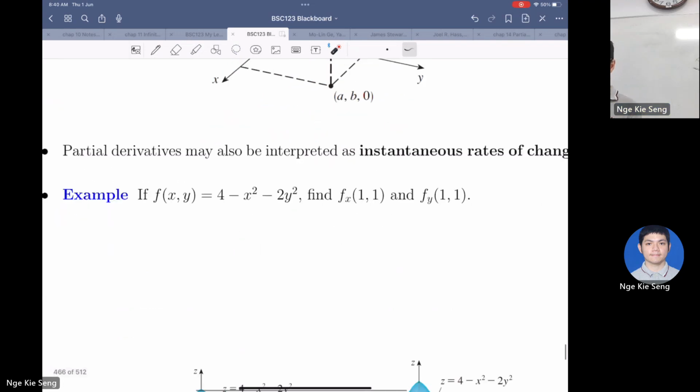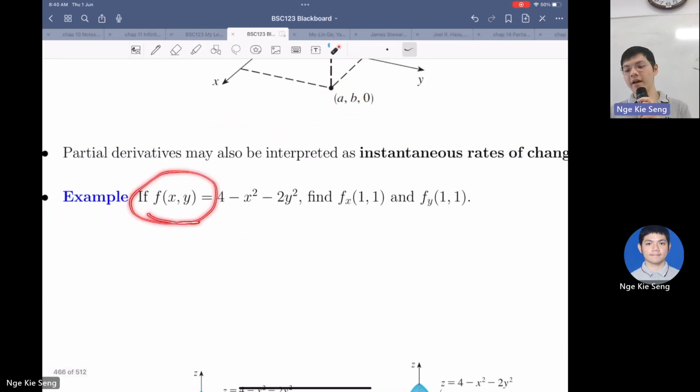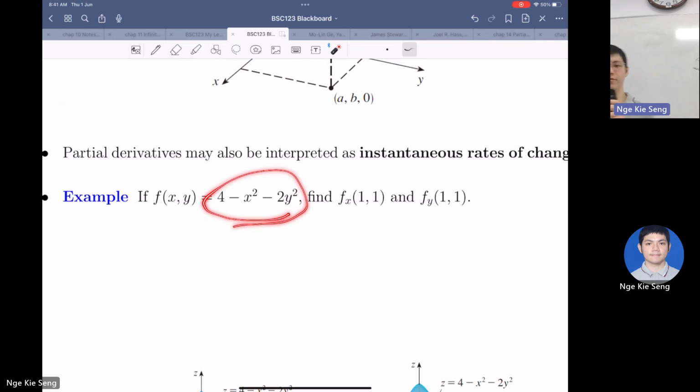Let's see this example here. Suppose f(x, y) is equal to 4 minus x squared minus 2y squared.